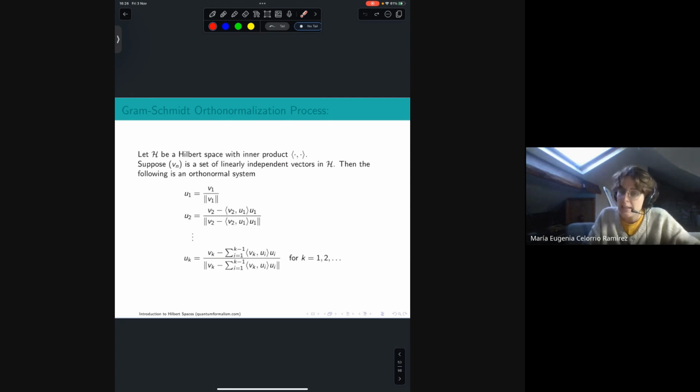A really nice exercise to get quick in calculations is to check that these vectors defined like this are orthogonal amongst themselves. They are clearly normalized because we are dividing by the norm in all of them, so they all have norm 1. But if you don't know what to do with your weekend, that could be a nice exercise.